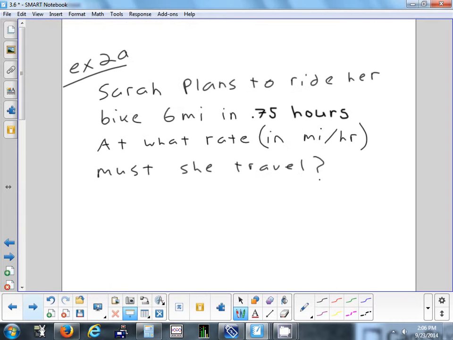All right, let's try one. It says, Sarah plans to ride her bike 6 miles, and she wants to ride 6 miles in 0.75 hours, so 3/4 of an hour. I want to know at what rate she has to travel. First thing I want to do is write down what's D, what's R, what's T. The one they're asking about, we'll put a question mark.